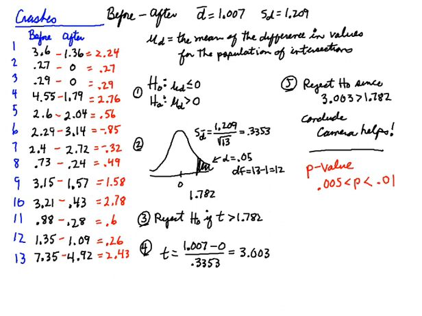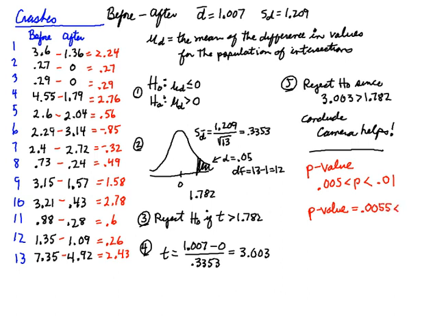If I use Excel to calculate an exact p-value, I get 0.0055.